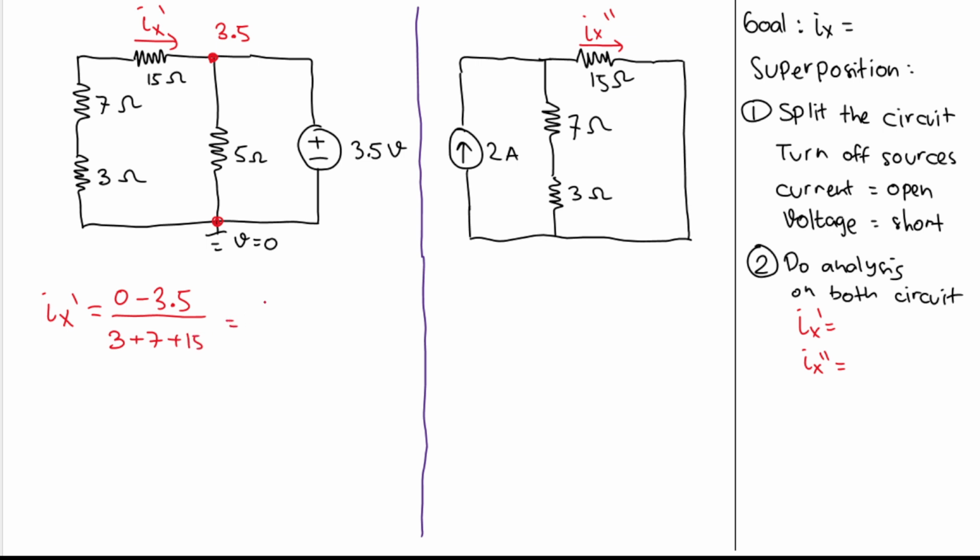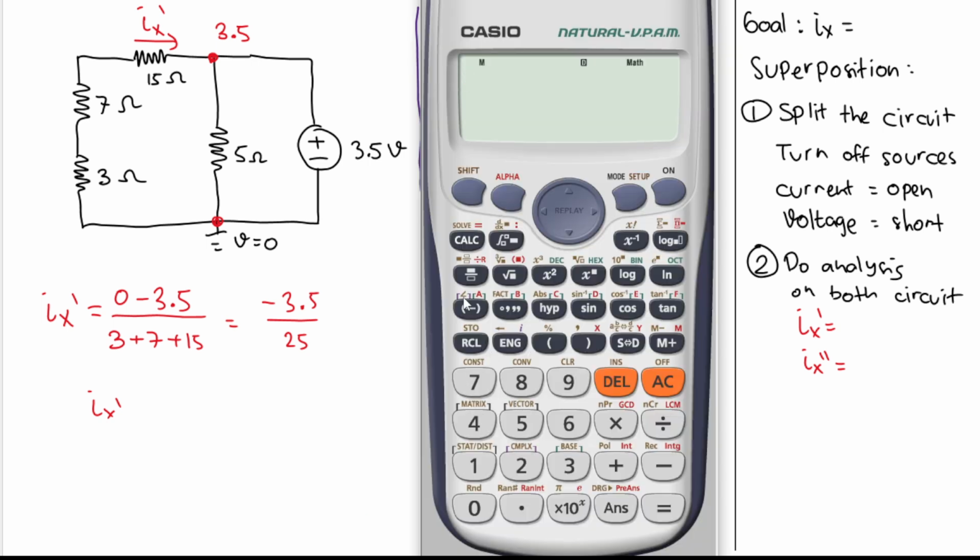And so we will have minus 3.5 divided by, what is it? I think that will be 25. Good. And I think I will just leave it to the calculator. Okay, I will have minus 3.5 divided by 25.